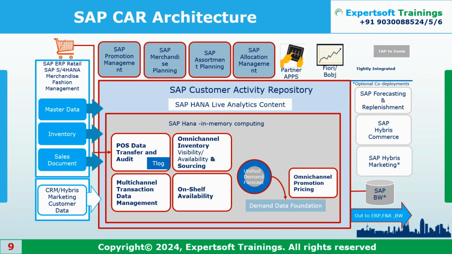And then within CAR, you do your planning, promotions, availability, and then you feed that data to your F&R system or Hybris system, other BW systems for reporting. Certain analytics can also happen directly in CAR. So that is how the CAR architecture looks.